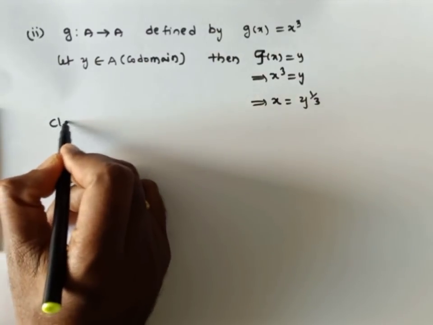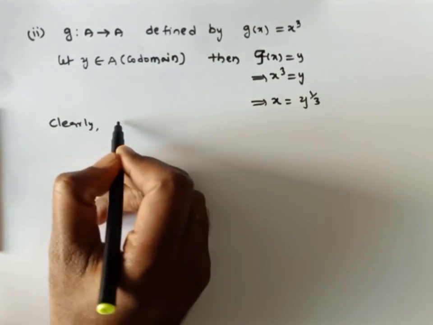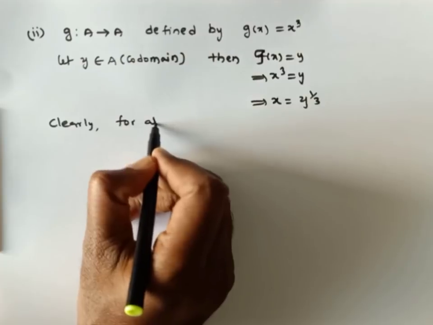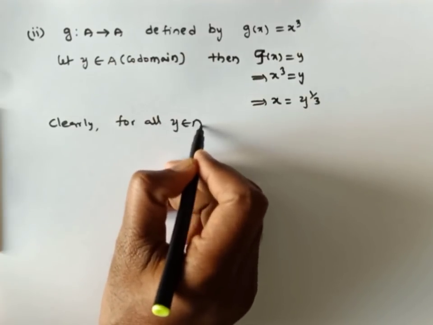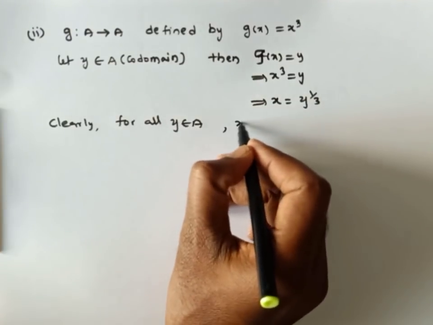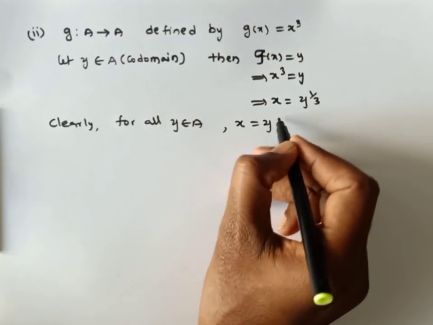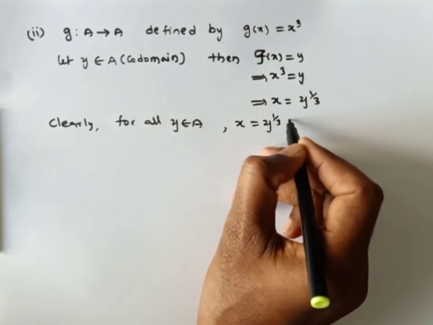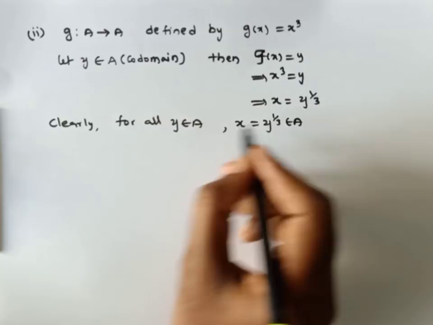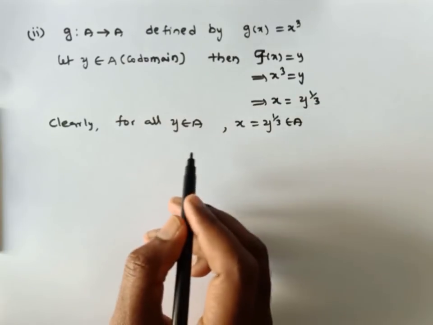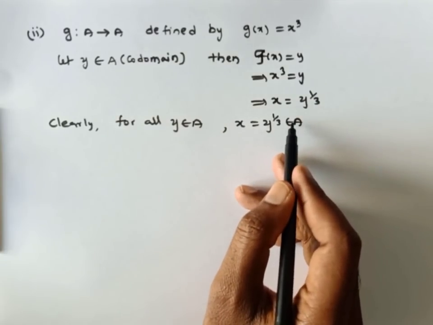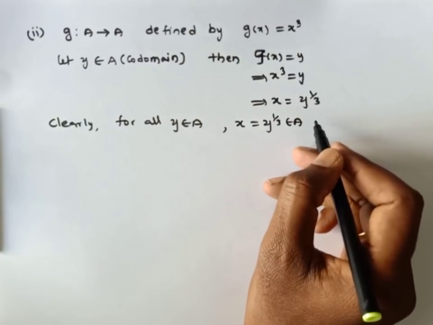So clearly, for all y belonging to A, there exists a number x equals y power 1 by 3 belonging to A. If there exists any value in the codomain, then the corresponding value exists in the domain.